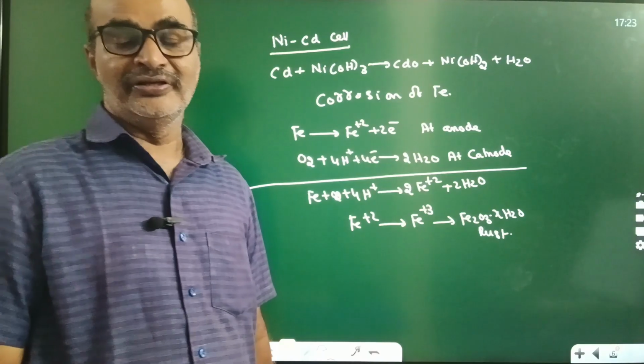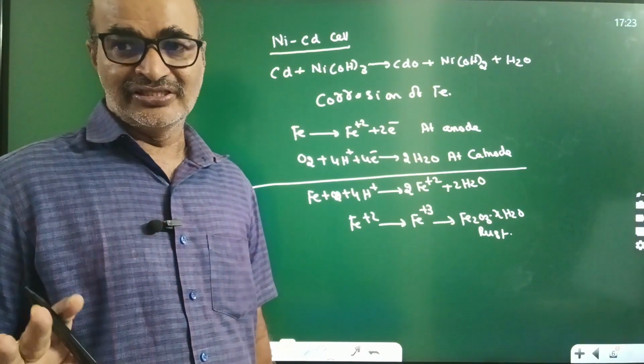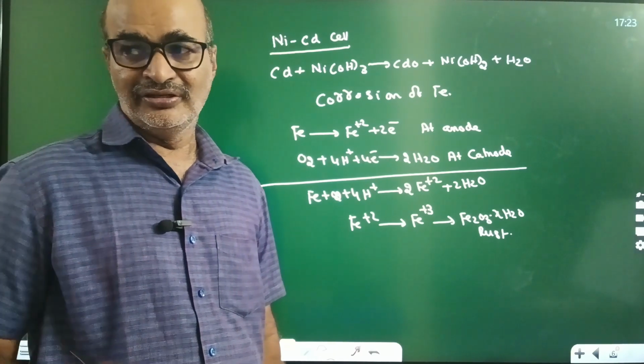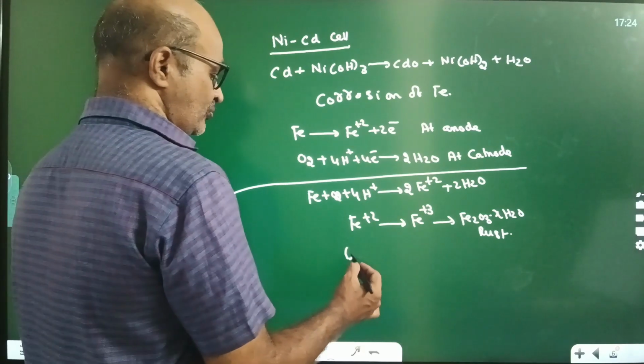Okay. So in the presence of zinc, iron is not rusted, since zinc has less SRP.